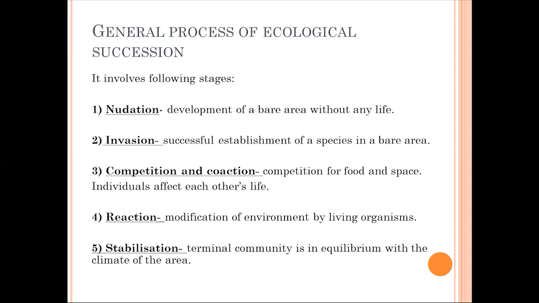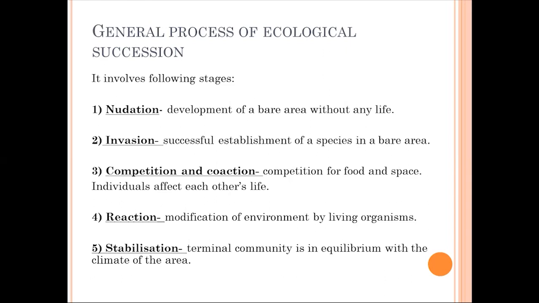There are a number of causes for that, like wind, water, landslides, volcanic activity, drought, forest fire. They will create a barren land, or a land might be destroyed by human activities. So the development of a barren area without any life is known as nudation.